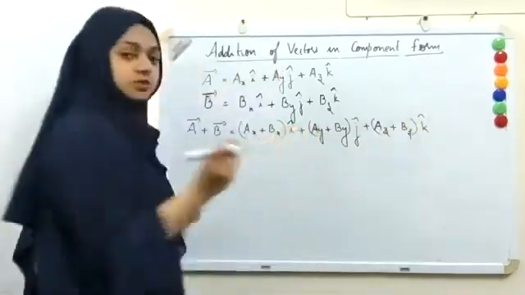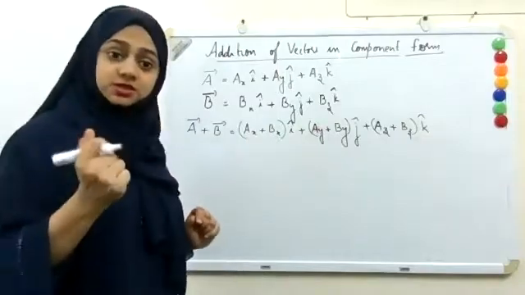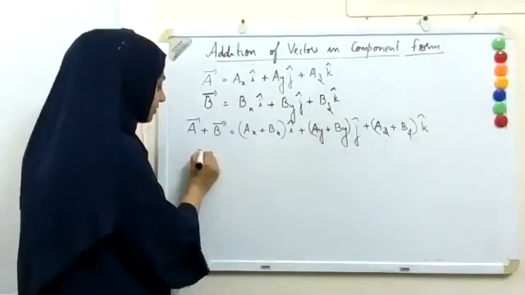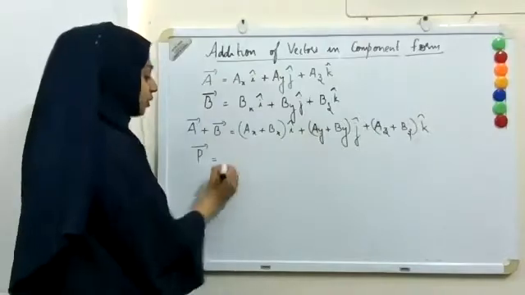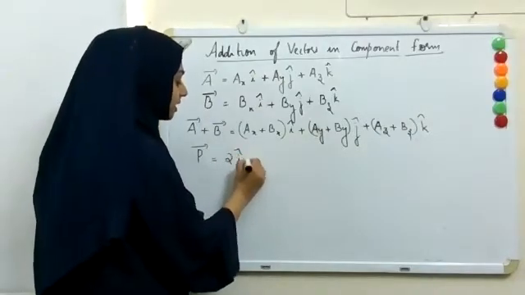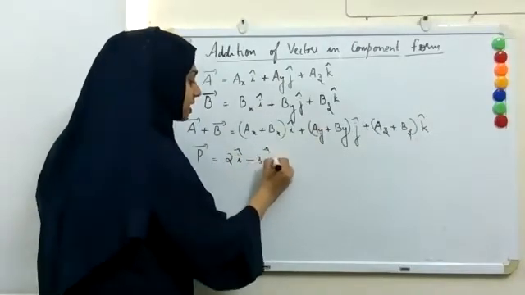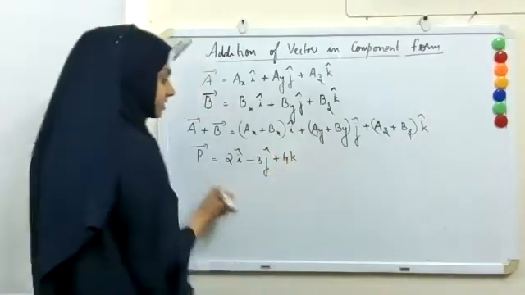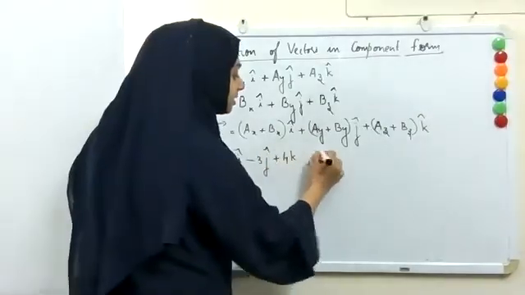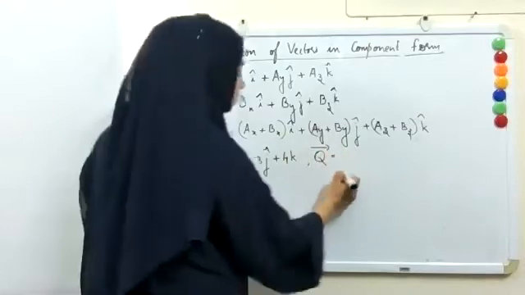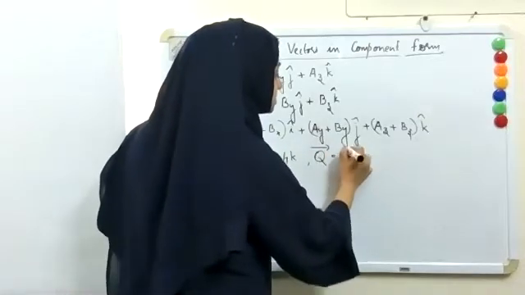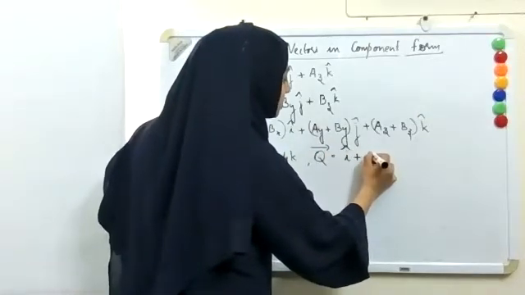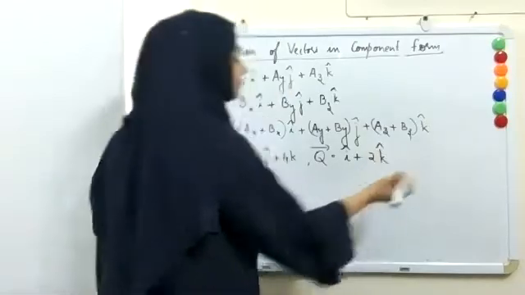Now, to show this with an example, let me consider two vectors. Suppose we have a vector p which is equal to 2i minus 3j plus 4k. This is one vector. Another vector q is equal to i plus 2k.